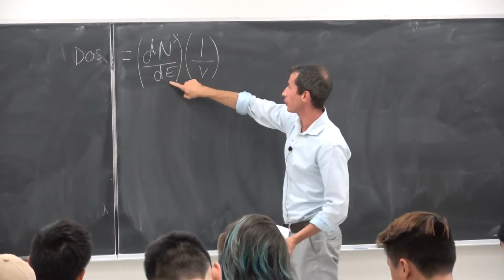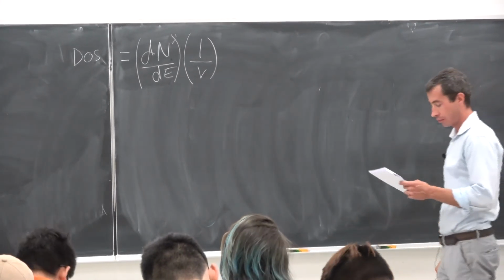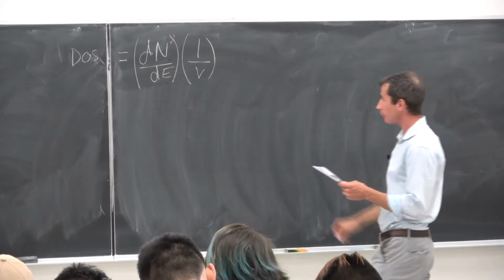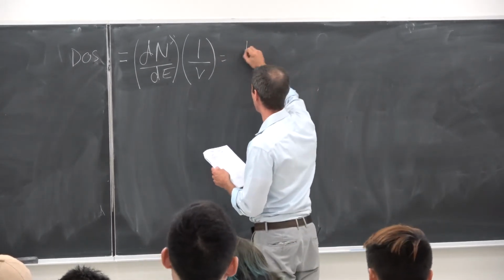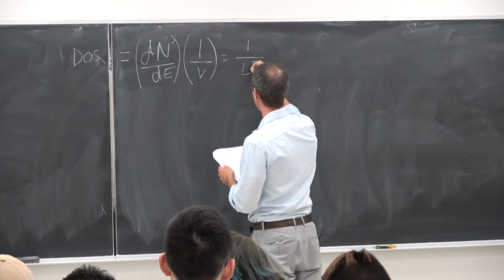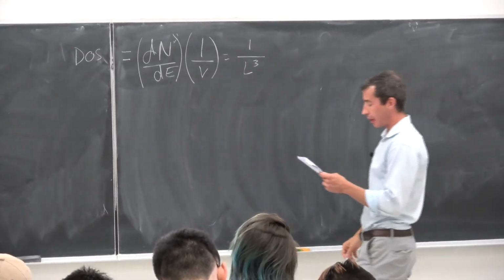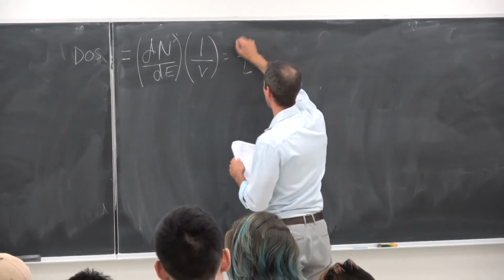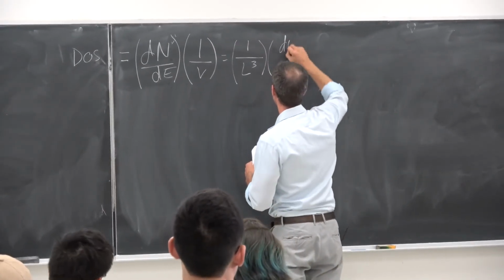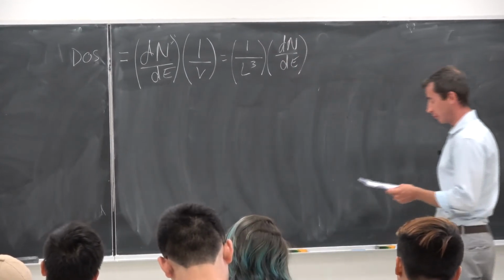Number of states per unit energy divided by volume. The good news is we know the volume in this situation is L cubed. And so now we're at this, dN dE.